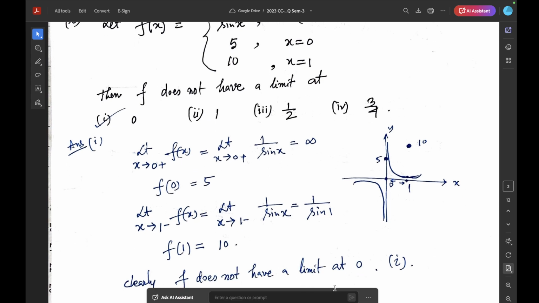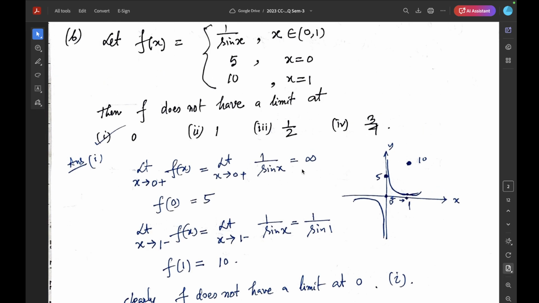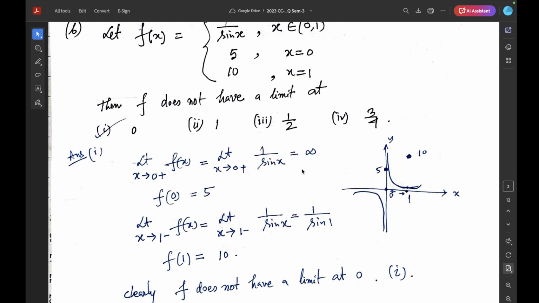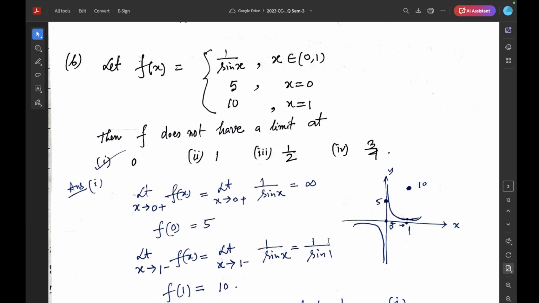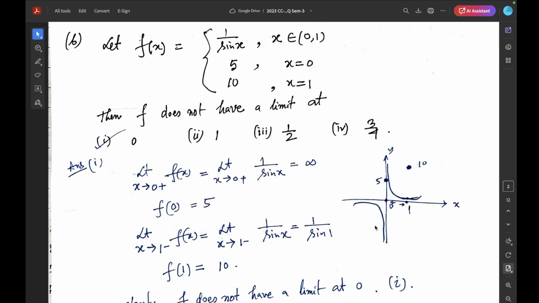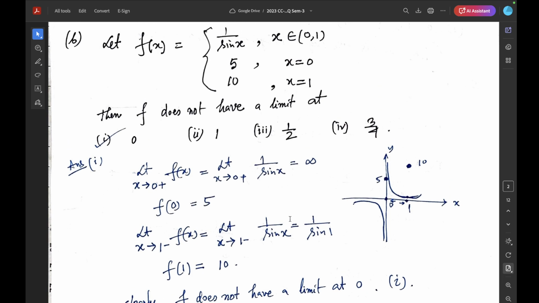The function is defined within the open interval 0 to 1, so we have not calculated the left hand limit at 0. The left hand limit at 1 is the limit as x tends to 1 minus of 1 by sin x, which equals 1 by sin 1.